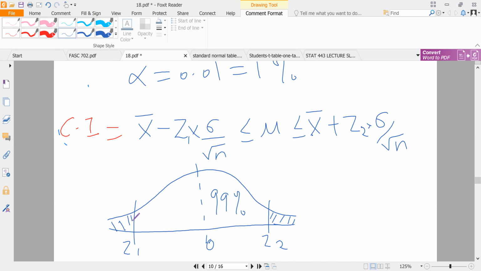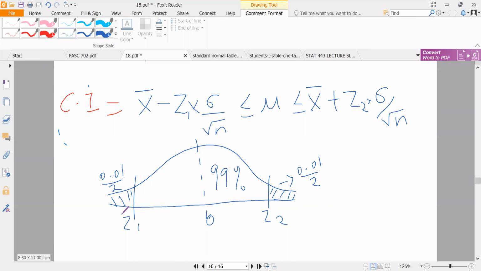So this region here will be 0.01 over 2, and this region here will be 0.01 over 2, because they're sharing the spoils. Now we want to identify the value of Z1 and the value of Z2.